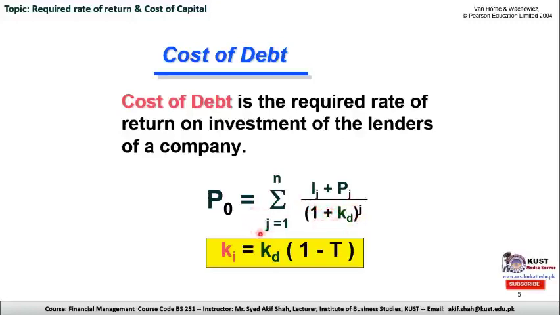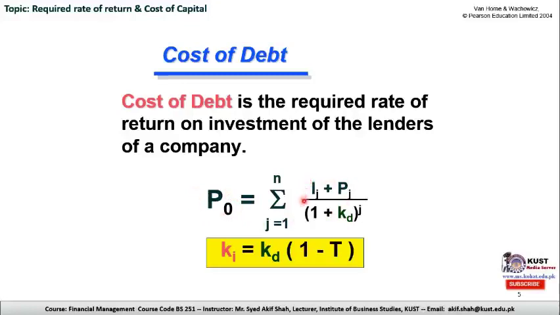Here j is the relevant instrument used by the company to generate funds under the debt instrument obligation or contractual agreement. P naught is our current market value of that instrument.